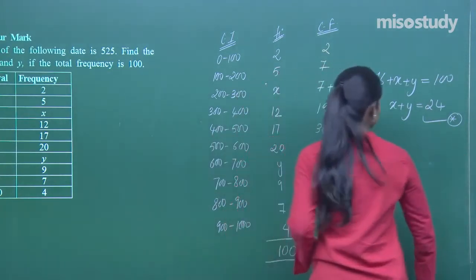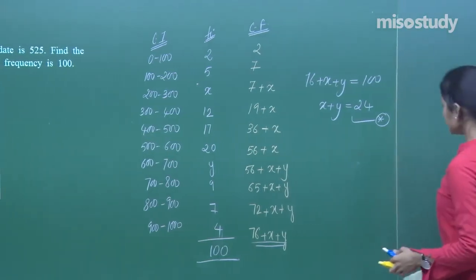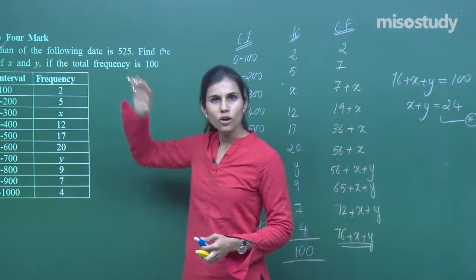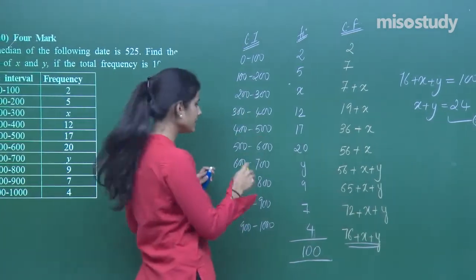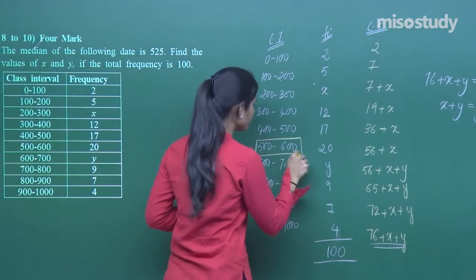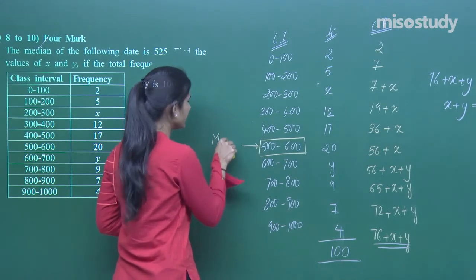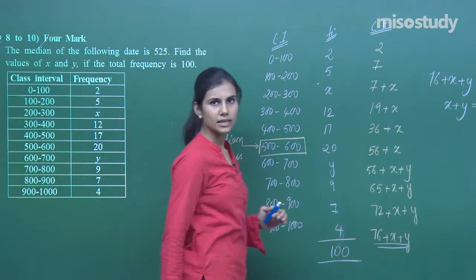Right? Now it is already giving you the median. If the median is given to you as 525, the median belongs to the median class, right? What is that class interval which contains this median? This is that class interval. 525 belongs to this class interval. It is this class interval which is the median class, because median belongs in the median class.